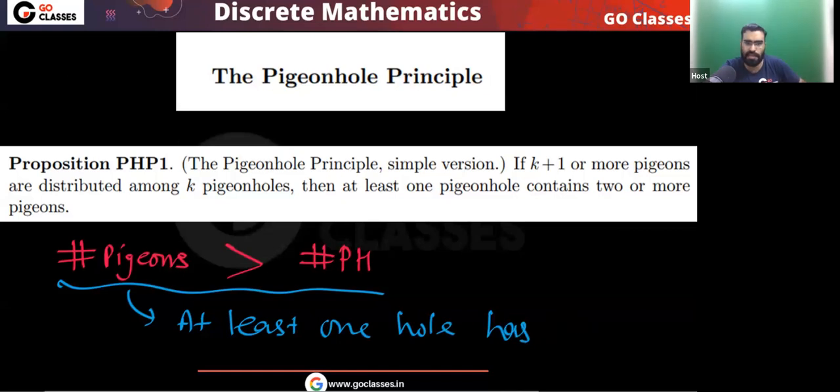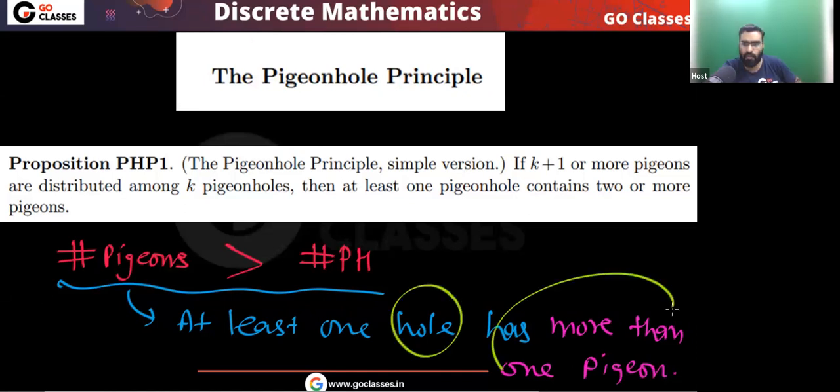I can say at least one hole has more than one pigeon. I hope this point is clear. At least one room will have more than one person. So this is the pigeonhole principle.